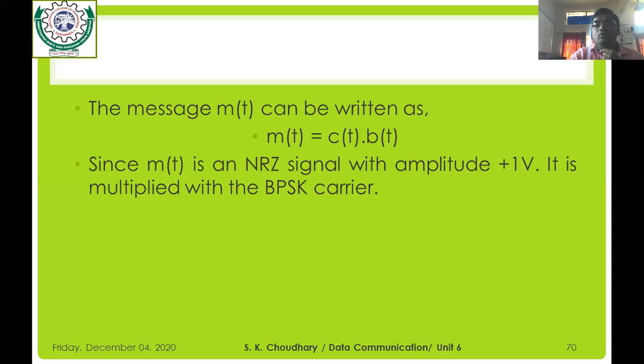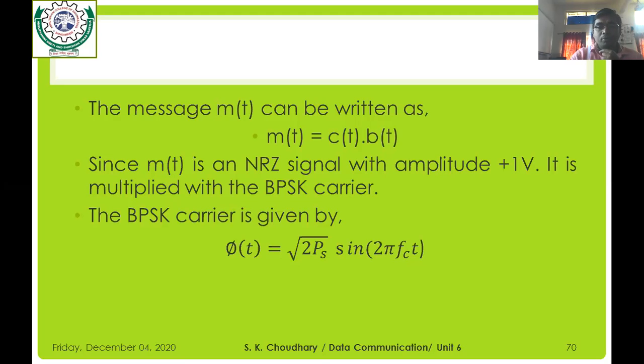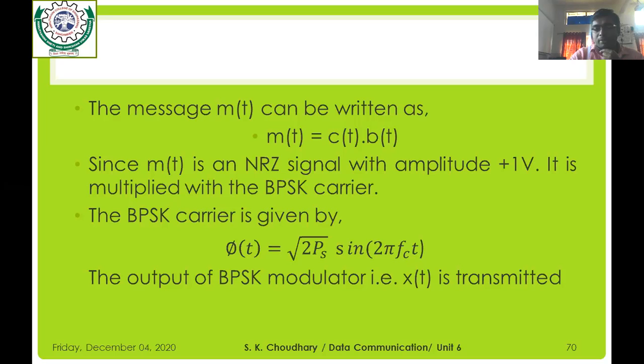It is the NRZ, non-return to 0 signal, having an amplitude of ±1. It is multiplied with the BPSK carrier. We know that it is the orthogonal carrier, so it could be defined as square root of 2Ps sine 2 pi fc t, where fc is the frequency of the carrier signal that we use here.